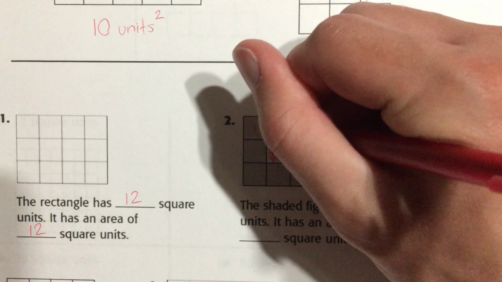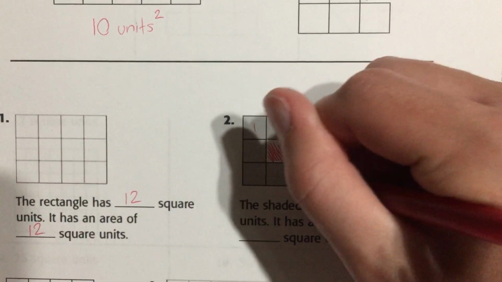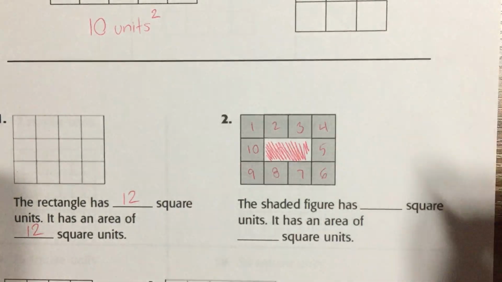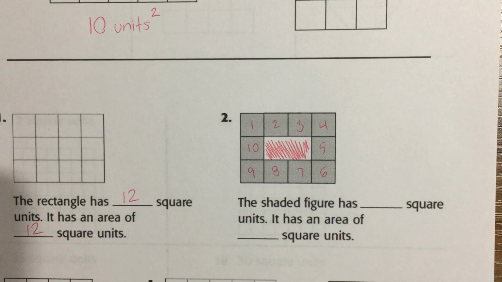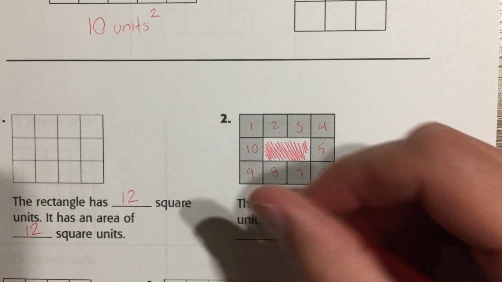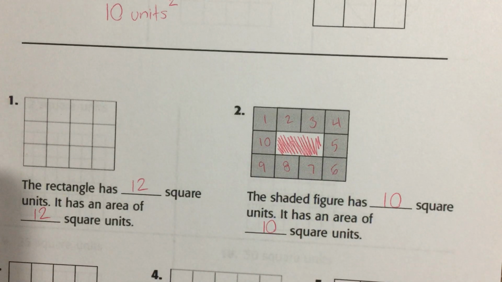Well, we have 1, 2, 3, 4, 5, 6, 7, 8, 9, 10 of them. So 10 square units are shaded, which tells me it has an area of 10 square units. That's all there is to it. However many squares there are that they're asking about, that's how many square units there are going to be.